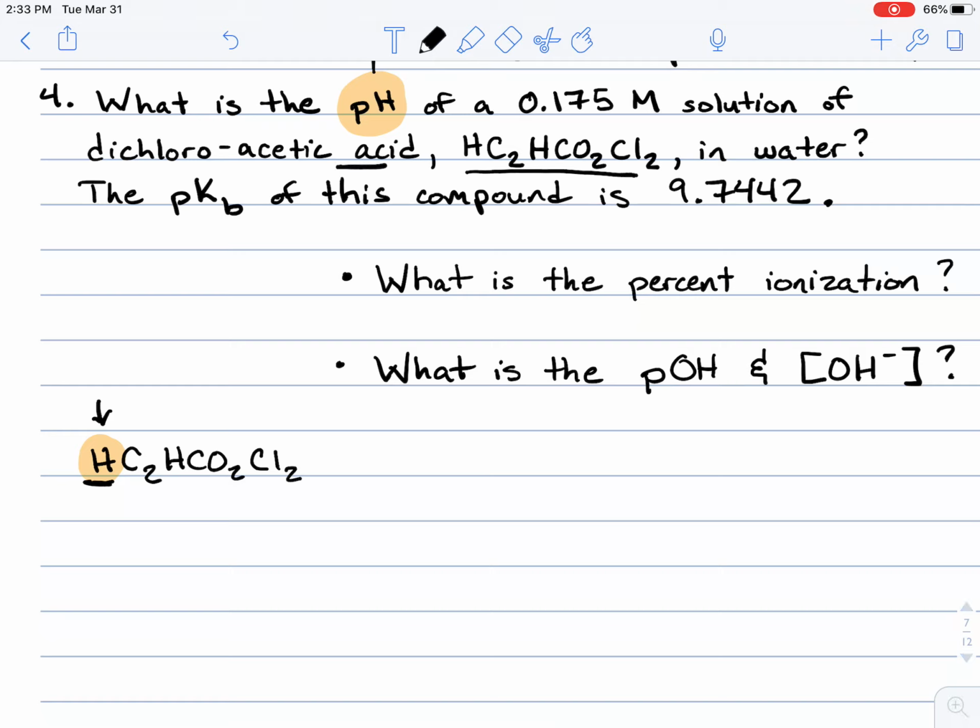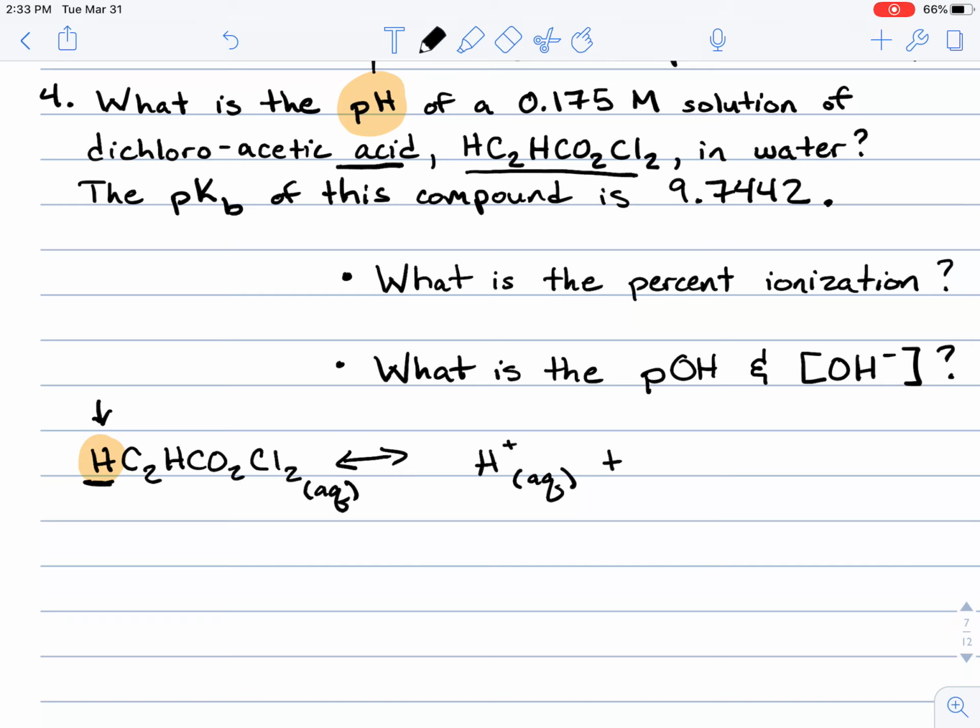Since this is an acid, when we place that in water, some fraction of the total population of dichloroacetic acid is going to ionize, producing H plus in solution. Since we're placing everything in water, the physical state of matter is going to be aqueous.